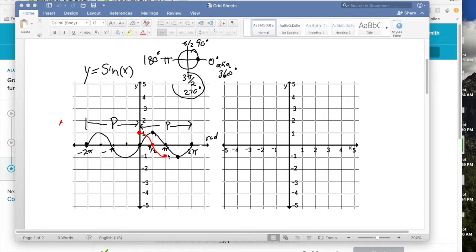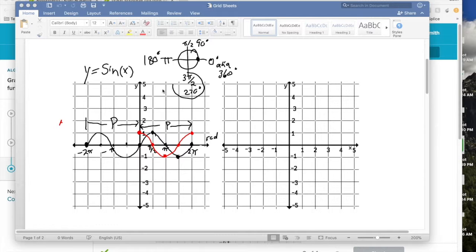Then we go up to the 3 pi over 2 mark, where we find our function goes back to 0. And then if we find the cosine of 360 or the cosine of 2 pi, bingo, the period is still the same stretch of distance, but our cosine function looks a little different.